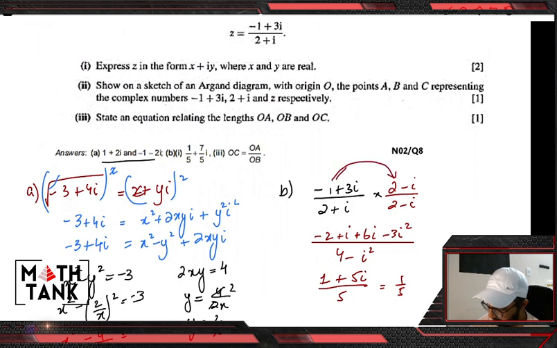Minus 2 plus i plus 6i minus 3i squared gives me 1 plus 7i. Yeah. Okay, I was checking out the wrong numbers. 7i.